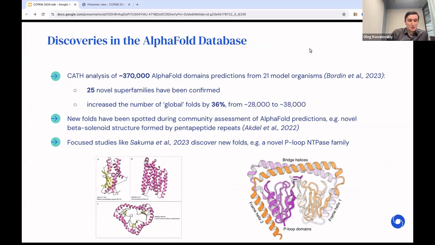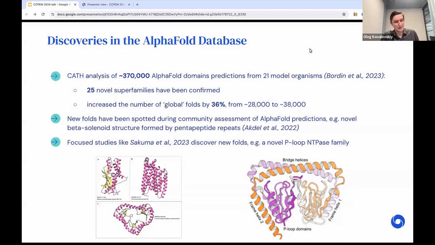A big difference between structure prediction and experimental structure determination is that predictions can be generated on a massive scale in a short time for whole proteomes or even for the whole UniProt. The AlphaFold database now contains 200 million protein structures. An interesting question is whether AlphaFold can predict novel folds and structures that are substantially dissimilar from those available in the PDB.